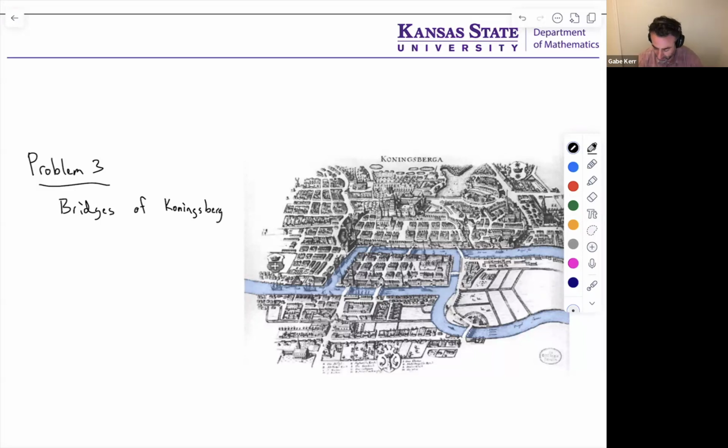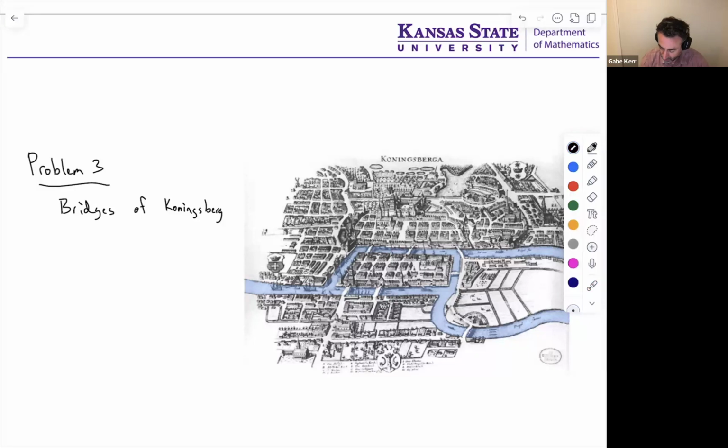Königsberg is not a city that exists anymore, but it used to be a city in Prussia. Well, actually, the city exists. It's just called something different. It's in Russia now, but it was a bustling city in its day, and it had these very famous bridges.